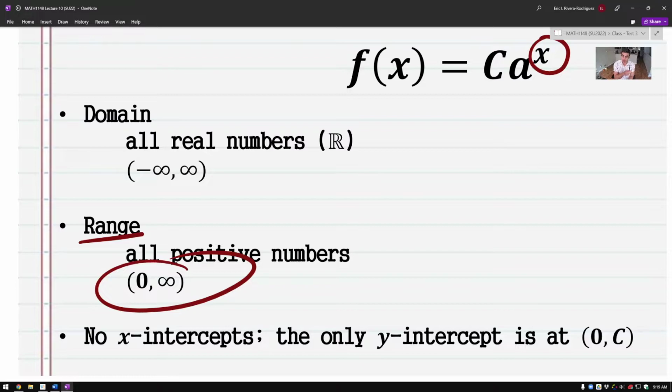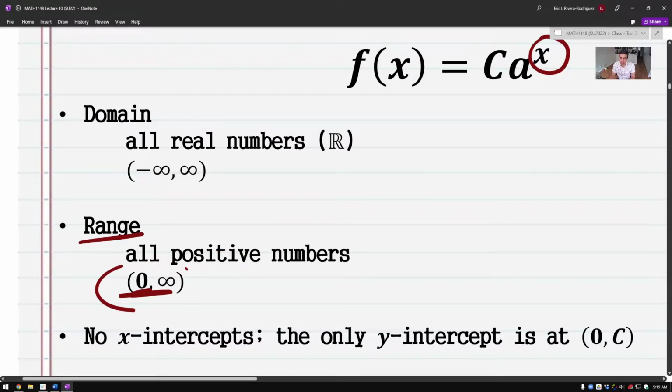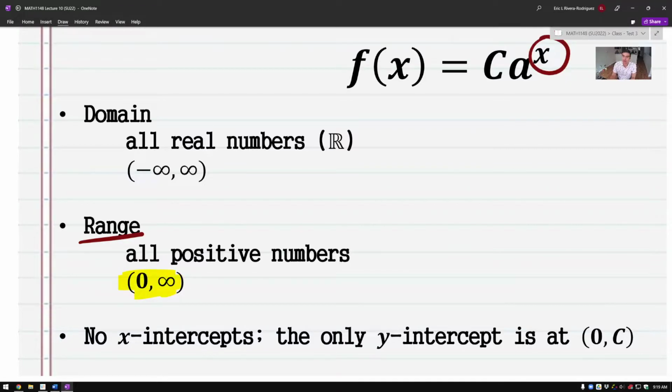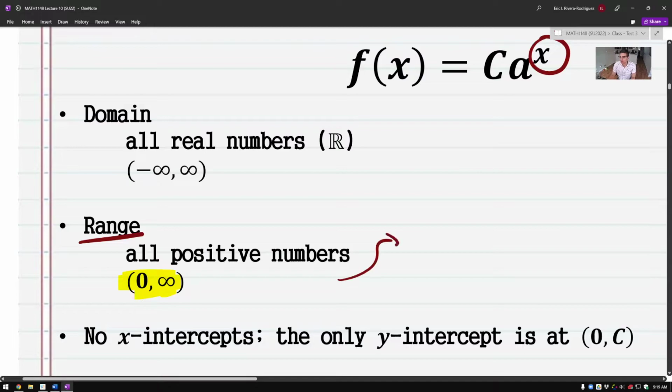We are not going to include 0, and it goes to the infinity, to positive infinity. Okay, and this has an effect that we are going to take into consideration. That is going to be important. Because this is related to the horizontal asymptote.